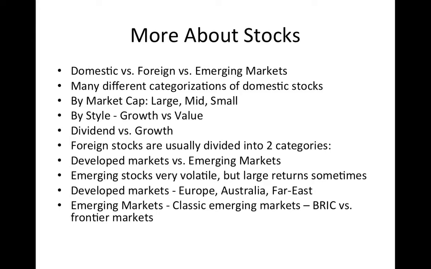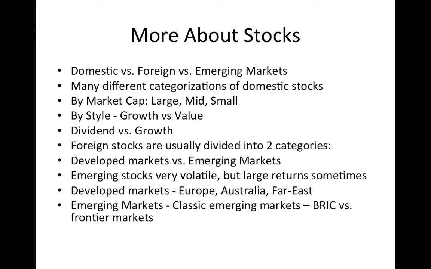Now, there are many different categorizations of domestic stocks. For example, you can subdivide them by market cap: large cap, mid cap, small cap. Apple is a large cap stock. Google is a large cap stock.